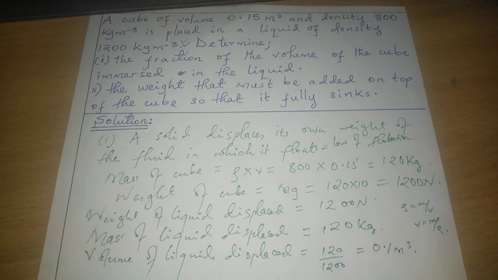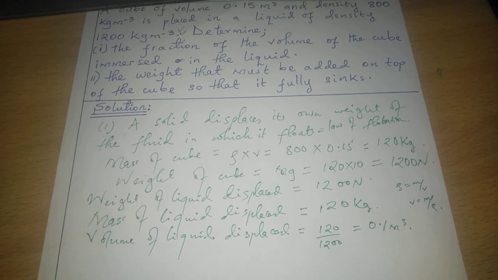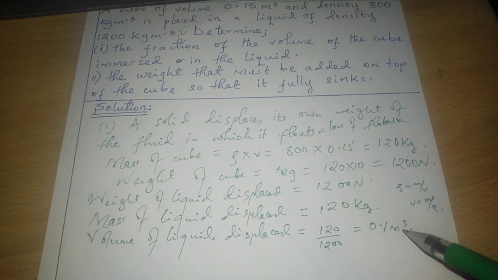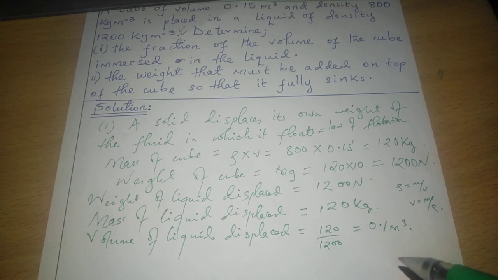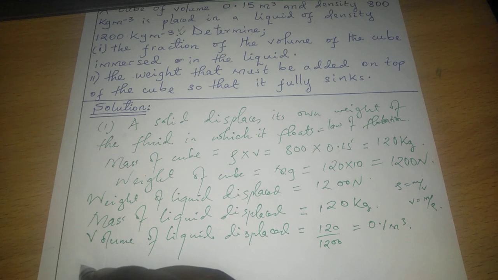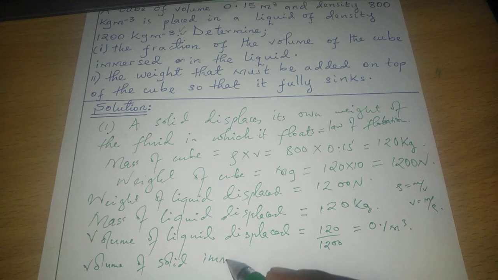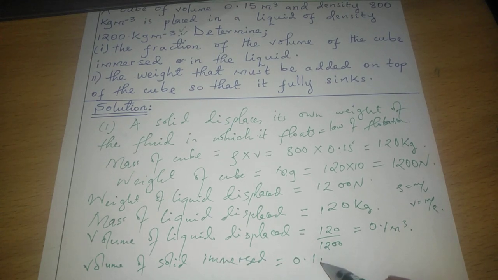So 0.1 meters cubed is the volume of the liquid that got displaced, which means for this volume of liquid to get displaced, an equal volume of the solid has been immersed in that liquid. So we can say the volume of solid which has been immersed is the same volume.